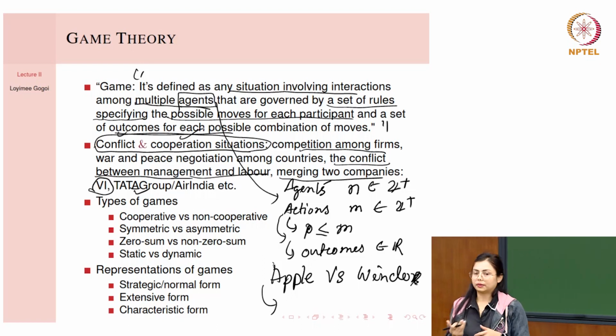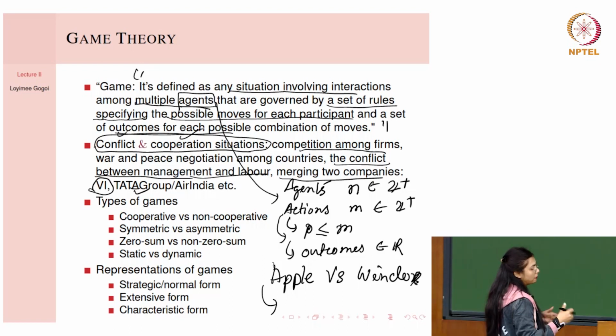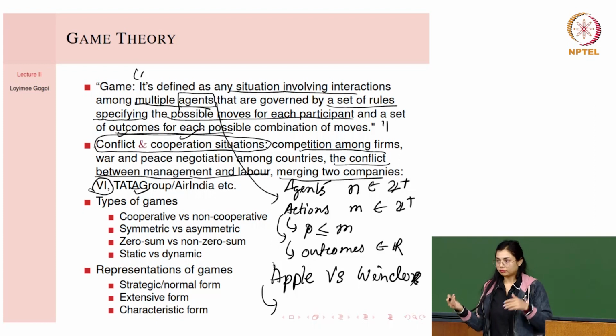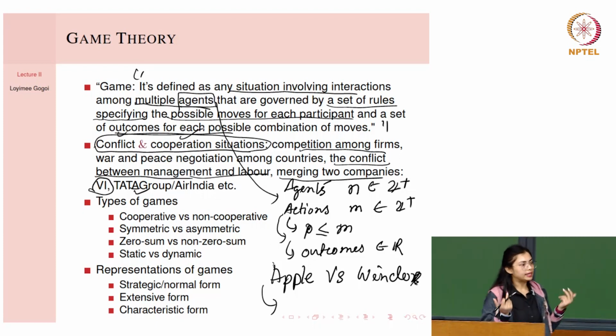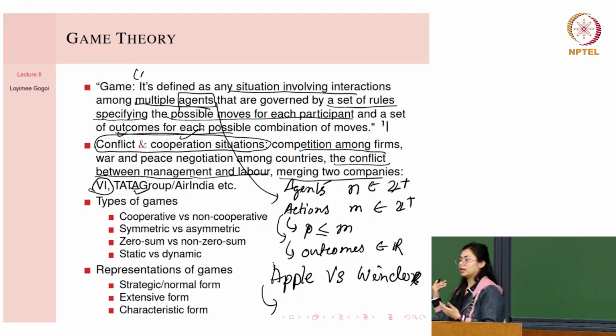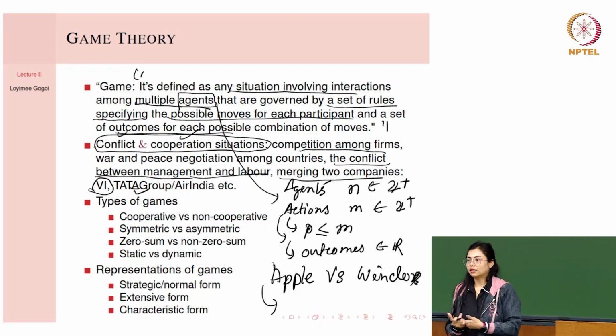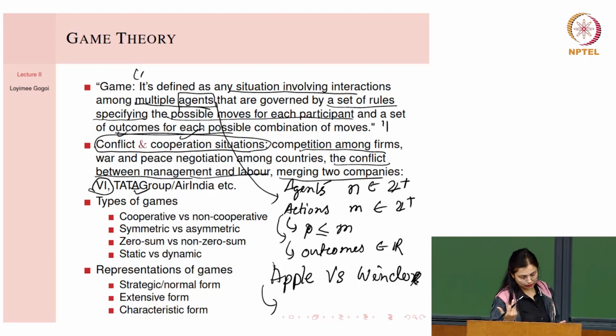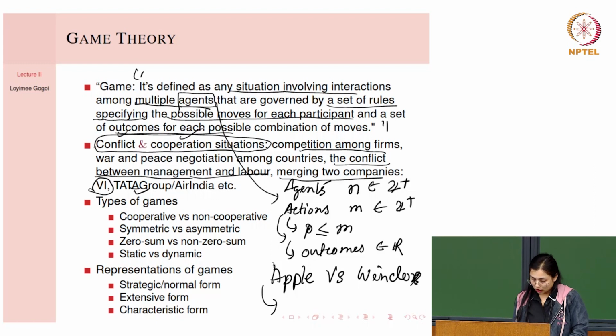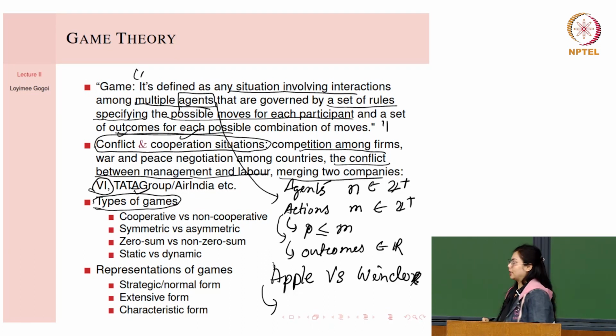They don't play alone, they try to play with other agents. They will have some binding agreement that they are going to play with another player so that they will gain more.